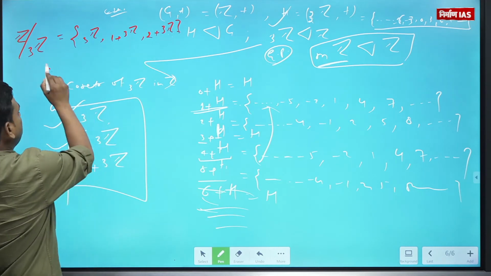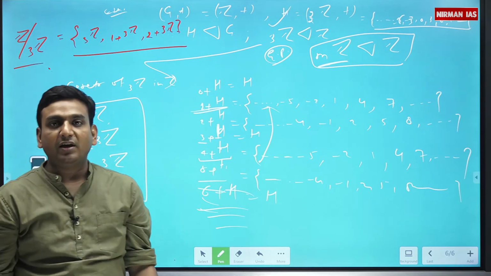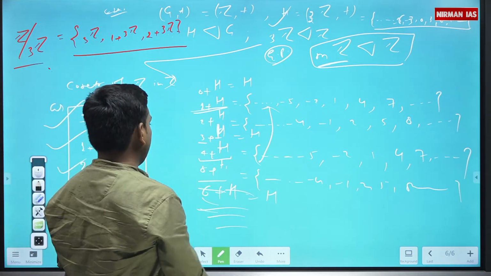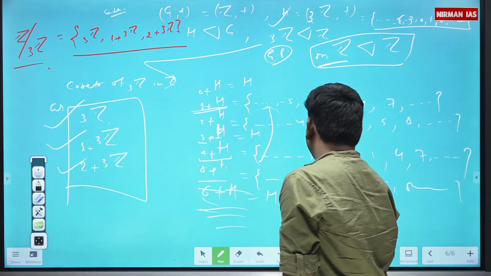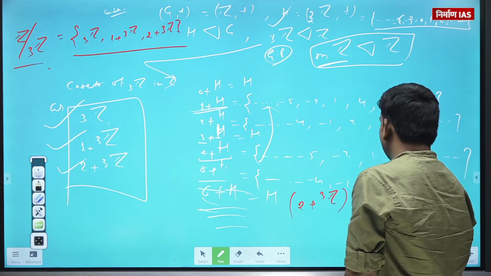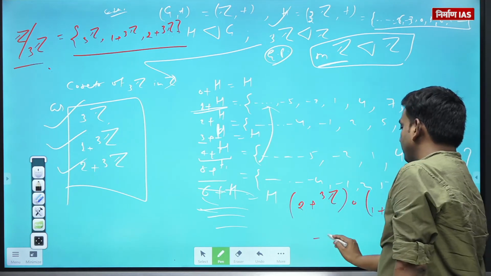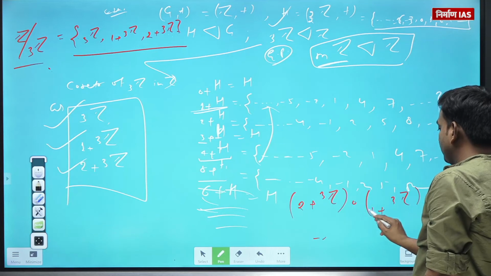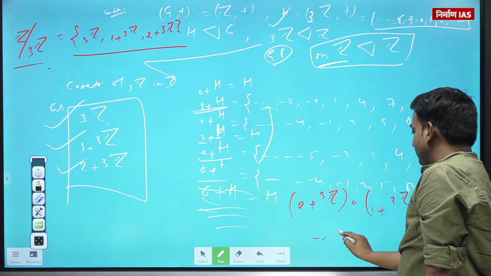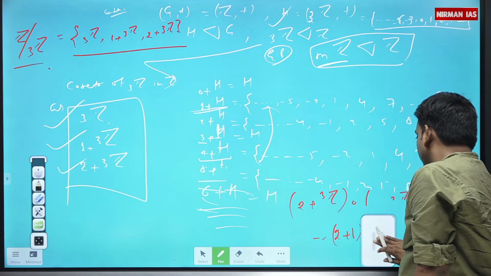So this set has 3 elements. We have already proved that just now. If you want, we can also check the composition. Let's say I want to know what is 2 plus 3Z composed with 1 plus 3Z. How was the composition defined? aH composed with bH is abH, that was it.